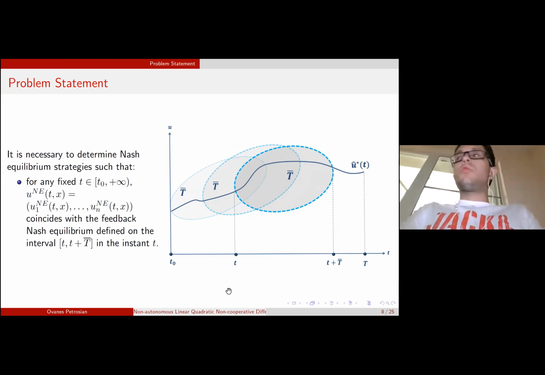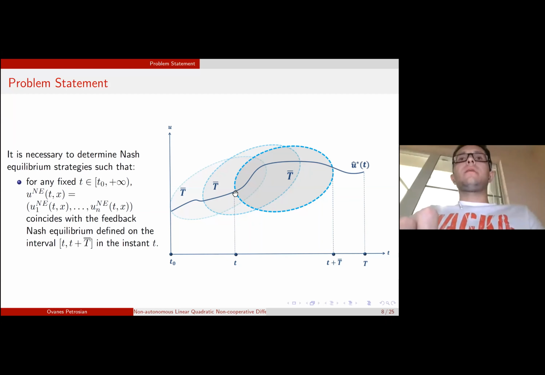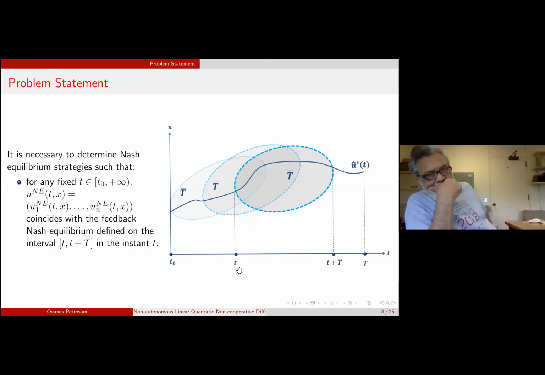Our goal is to define a Nash equilibrium or a related concept that could be used as a Nash equilibrium in this game. We want it to be, at every current time instant t, the first point of the Nash equilibrium defined on the interval from t to t plus t dash.